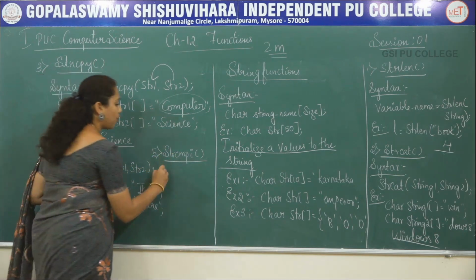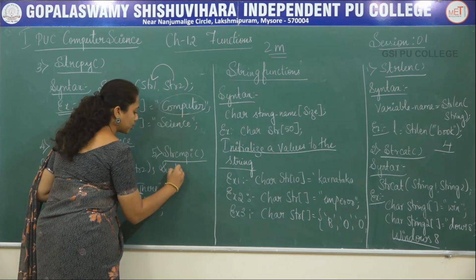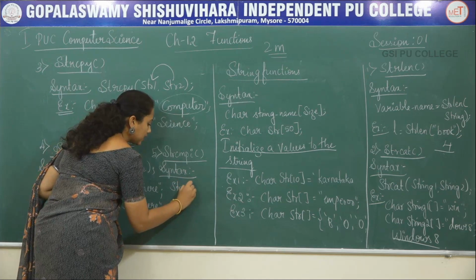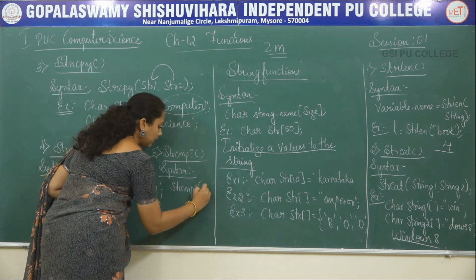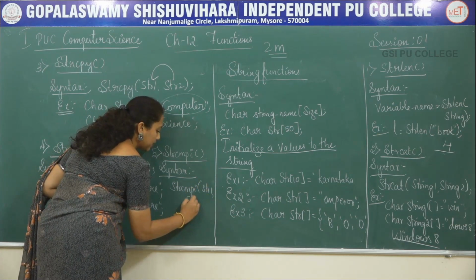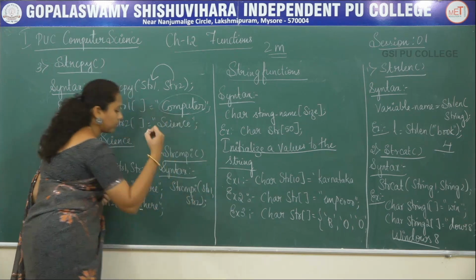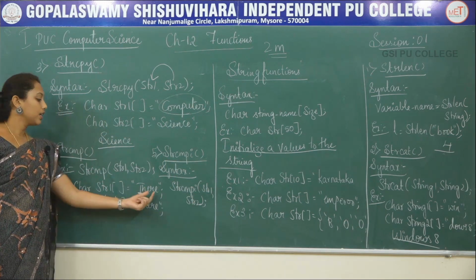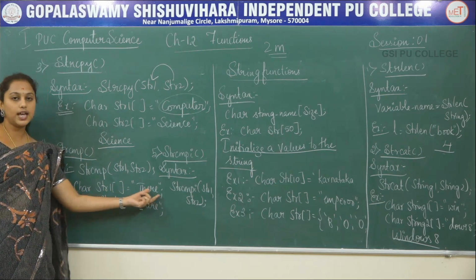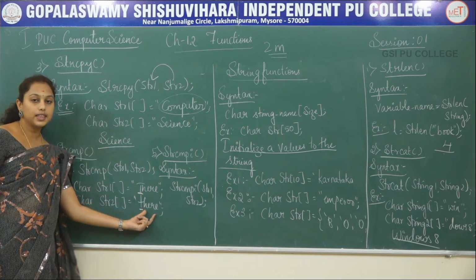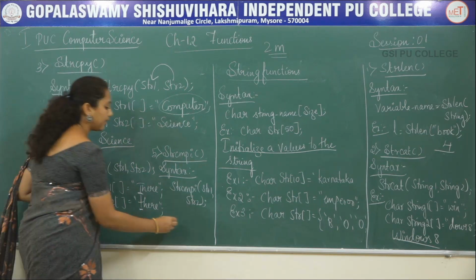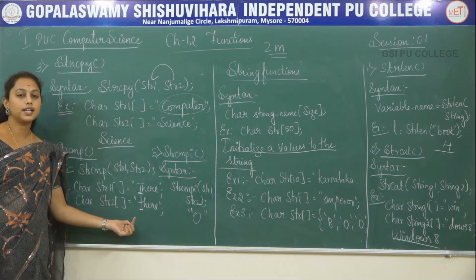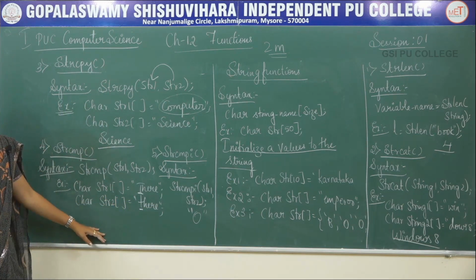The syntax for string compare I function is strcmpi string 1 comma string 2. An example for this is char str. So string 1 contains Tea and string 2 contains tea. So it returns 0 because it is going to treat both uppercase and lowercase letters as the same.